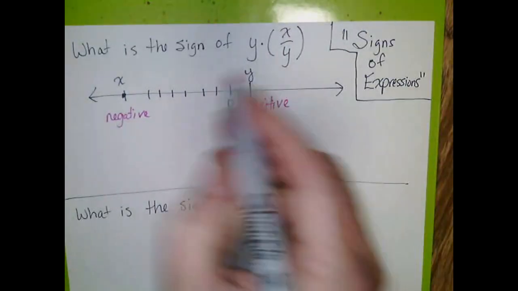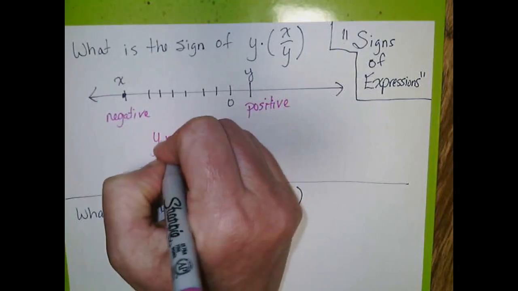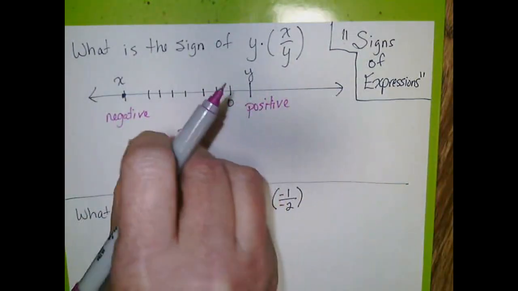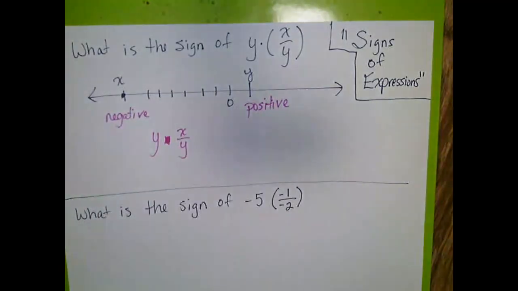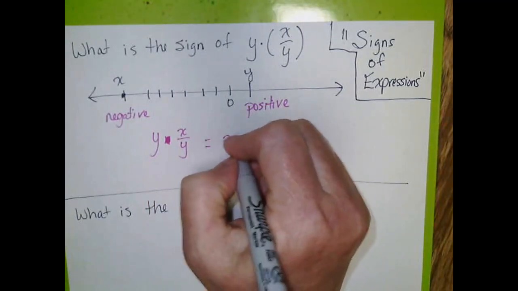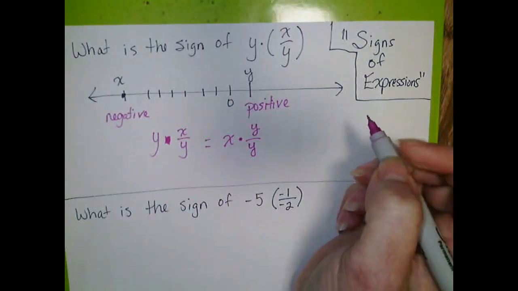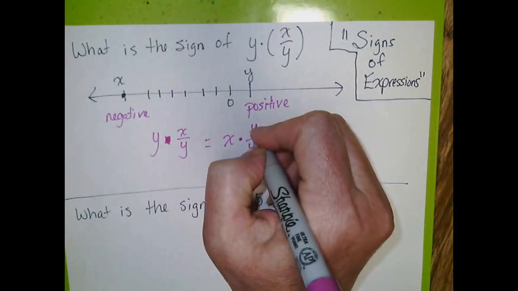All right, and we have y times x over y. We use the dot here. And if you remember what we've done before, you could flip this x and y here because they're both in the numerator. So you can actually write this as x times y over y. Do y'all see that? So y divided by y, this is the same number.